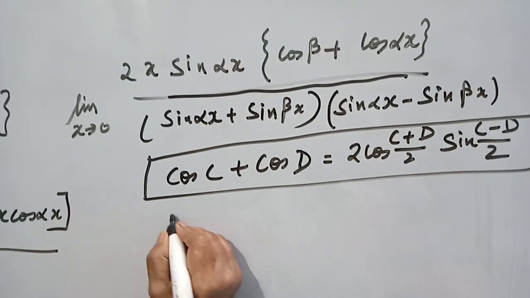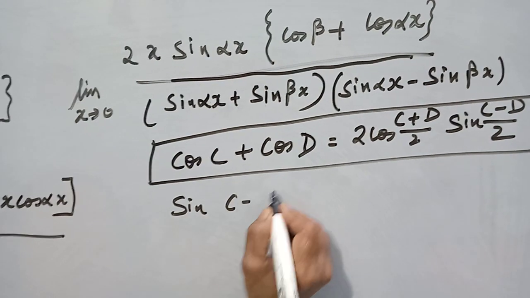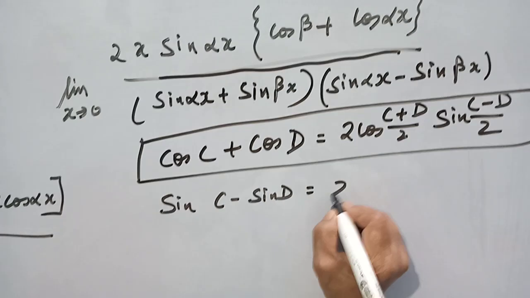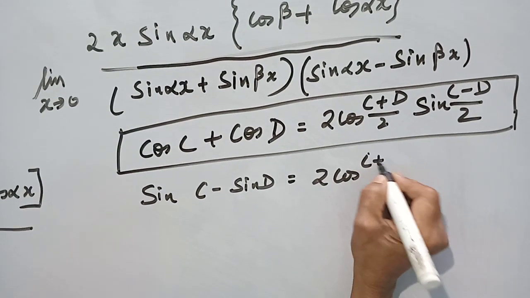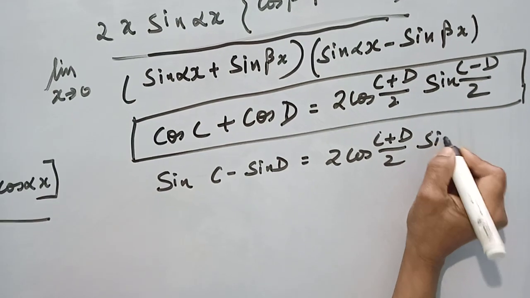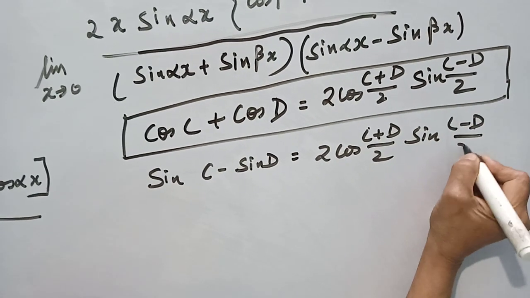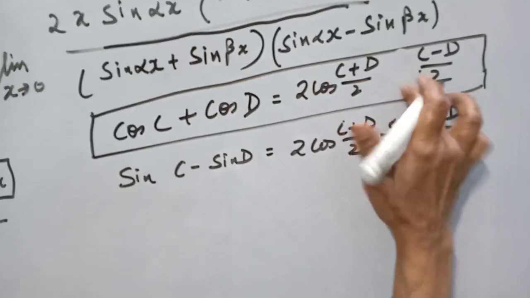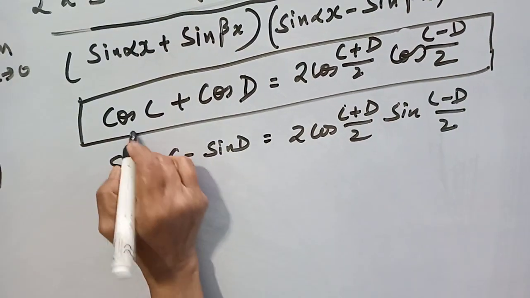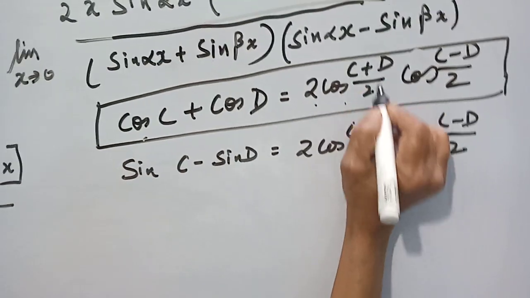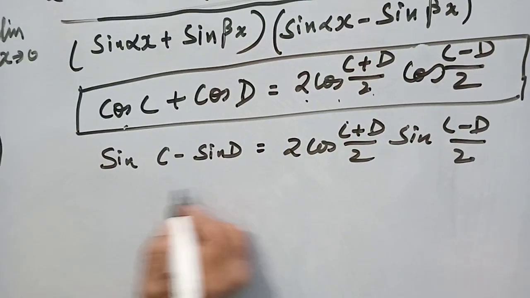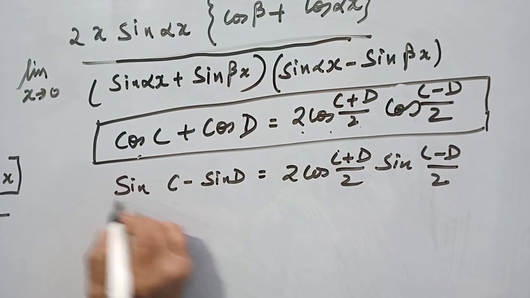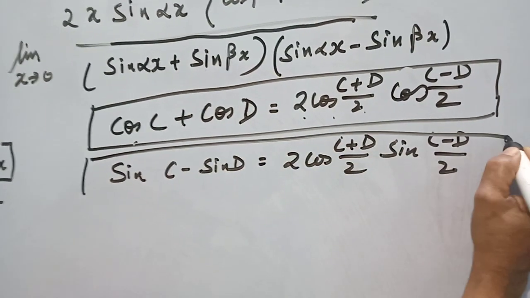And what is sin c minus sin d? This is equal to 2 cos (c plus d) by 2 into sin (c minus d) by 2.